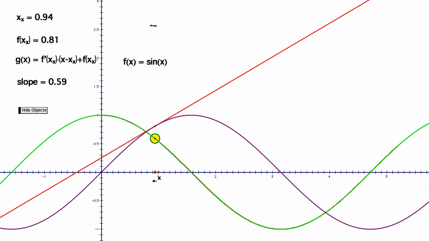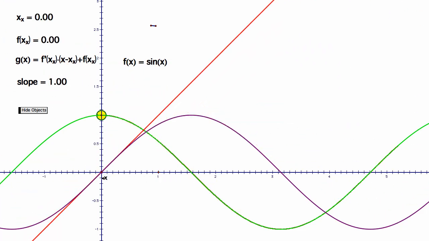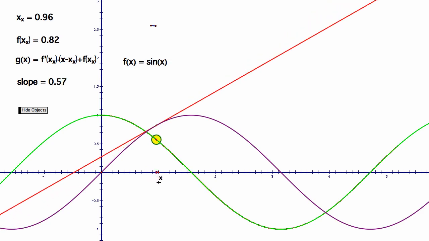Jumping all the way back to 0, you'll see that the slope of my line is 1, and my yellow ball is up there at 1. I think it's really cool to see the connection between the sine curve and the cosine curve describing its derivative.